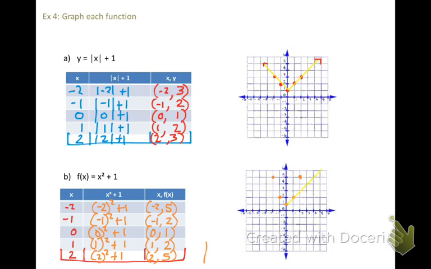Notice it's not going to go straight. This one is called, when you have x squared, this time you're going to have what's called the U, or a parabola. If you have an absolute value of a variable, it is going to be a V. And if you have an x squared, it will be a U, or a parabola.